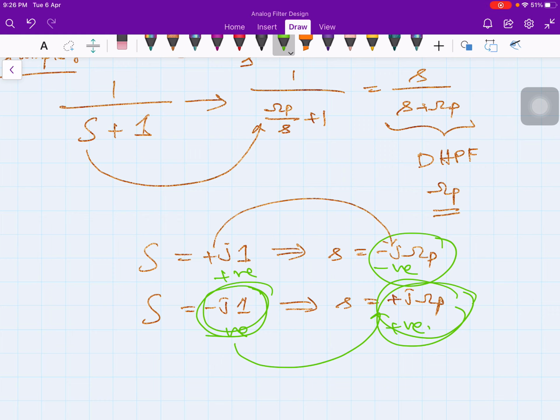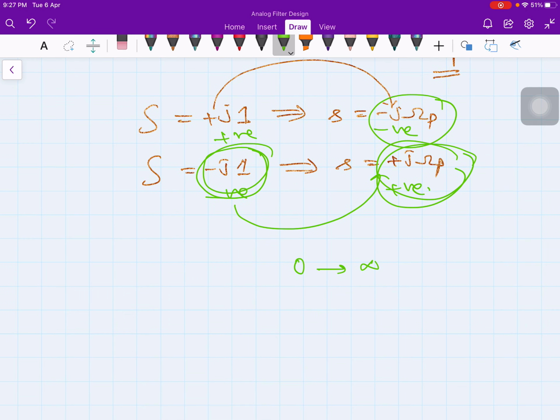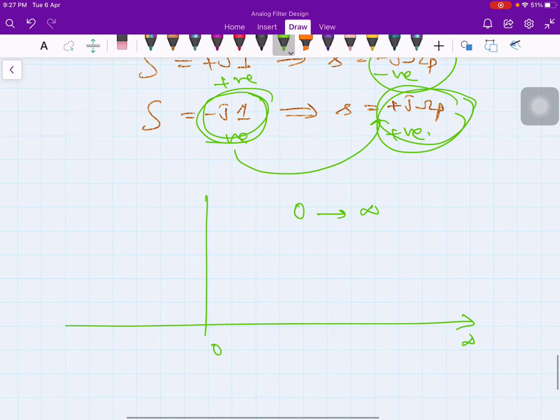All we are interested in is the magnitude characteristic, that is the frequencies from 0 to infinity, right? So we are interested in the magnitude characteristic from 0 to infinity, so that the corresponding frequency, positive or negative, I know the other one must also be there.